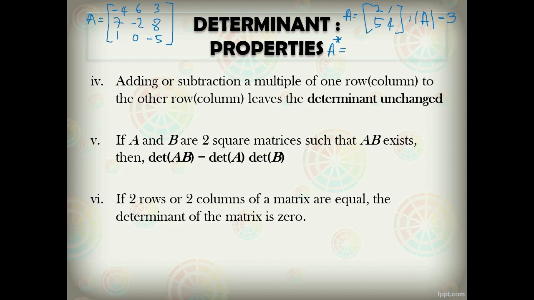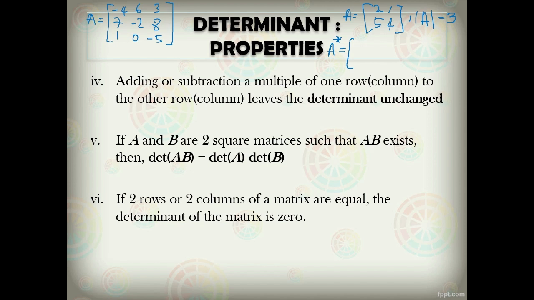Now, I said that I have a new matrix A, which is equivalent to taking the first column and subtracting the second column from it. By doing that, you will get a new entry for your first column. So what is the new entry? It is the first column minus the second column.